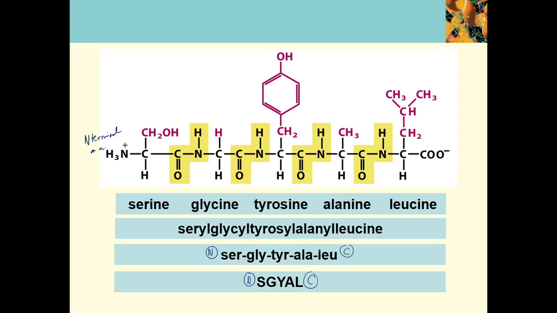The point here is you should know how to name your polypeptide sequence based on three things: the individual names of your amino acids, the usual name, which you change to YL; the three-letter abbreviation of your amino acids; and also the one-letter symbol.